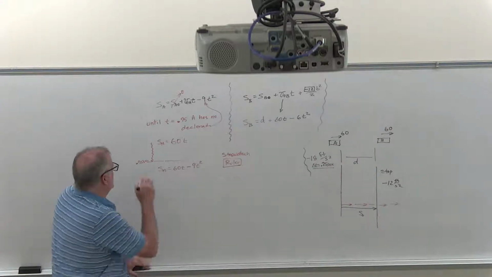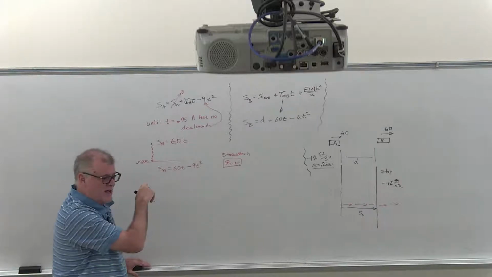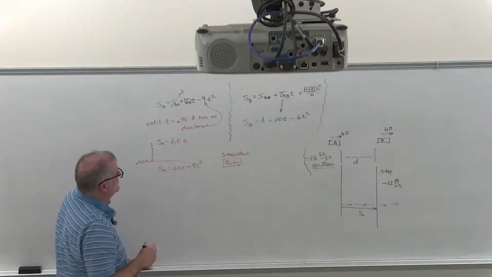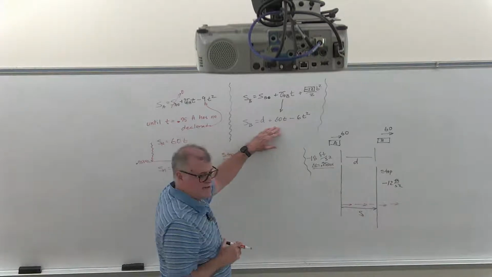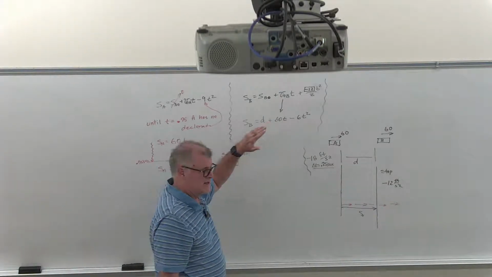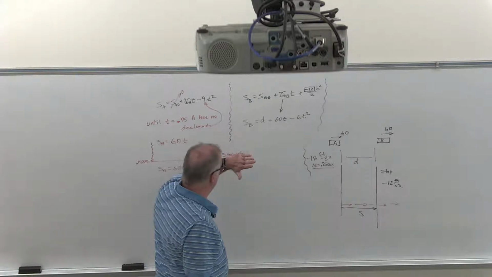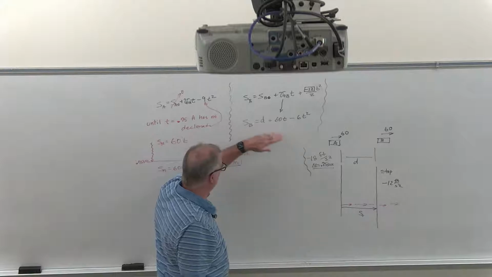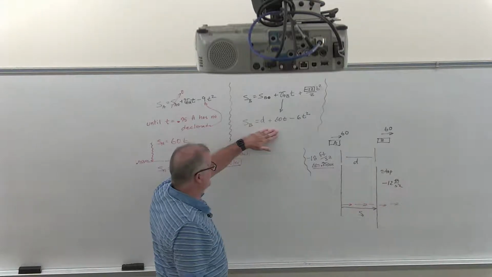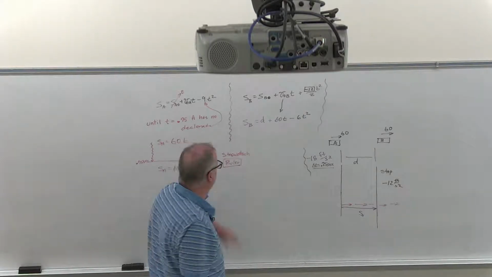So let's do a little plot of these two things. This part is pretty much straight. There's nothing here that we have to deal too much with. I mean, the stopwatch started when he decelerated. We put the ruler at the other guy.